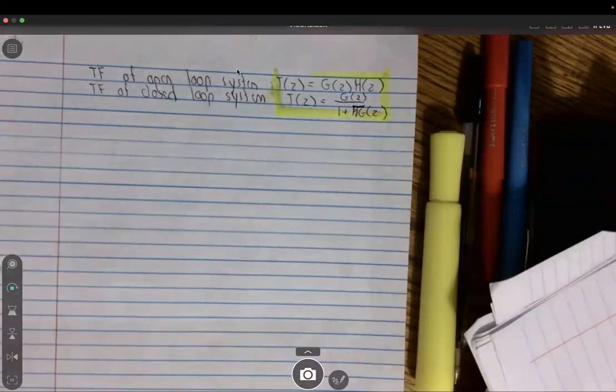Okay, this is a good example where the transfer function is not the same. We're going to try solving a closed loop system, and you're going to see that it gives us a different output. We have to find the output just like we did, but our switch is going to be moved.